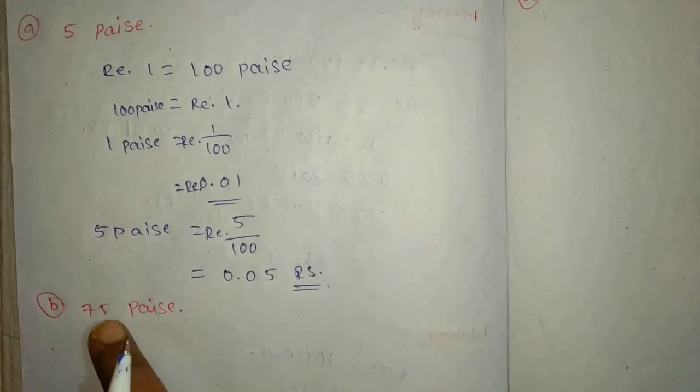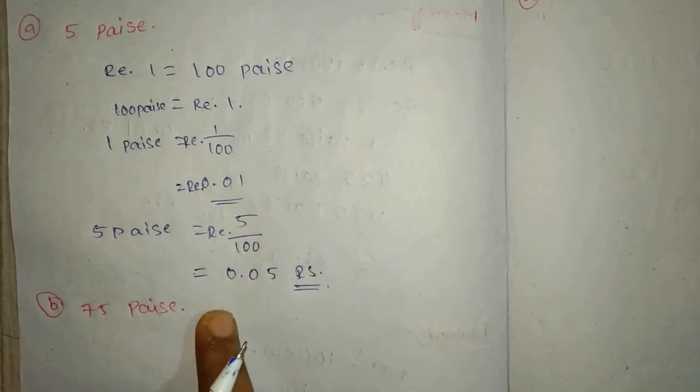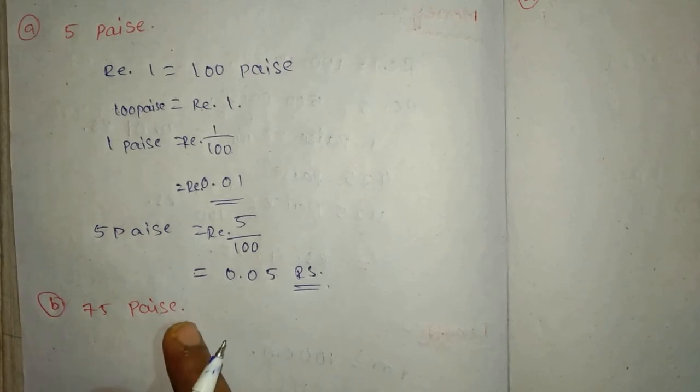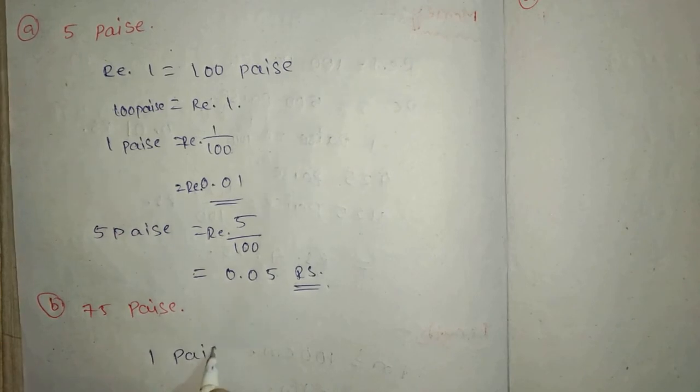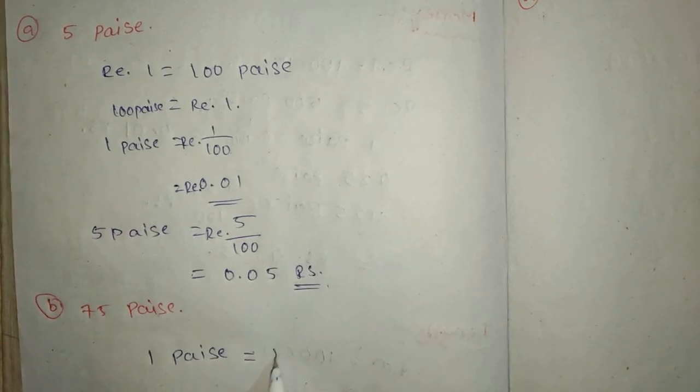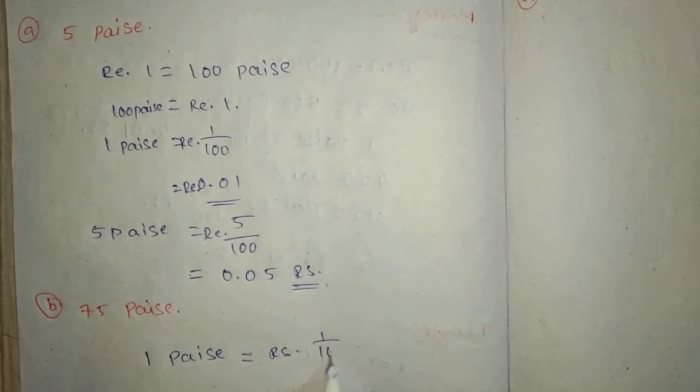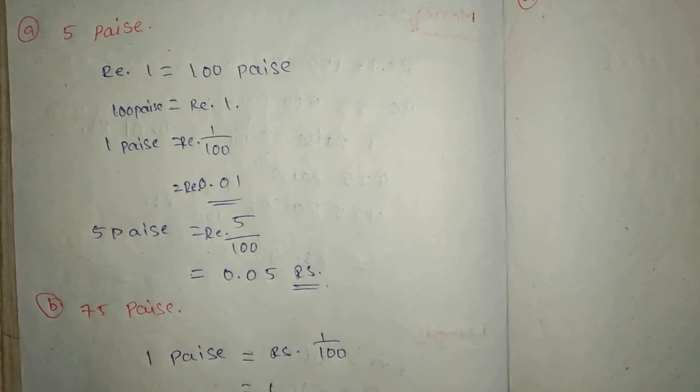The next one, 75 paise is given. This should be in terms of rupees. As we know, 1 paise is equal to 1 by 100 rupee, which is 0.01 rupee.